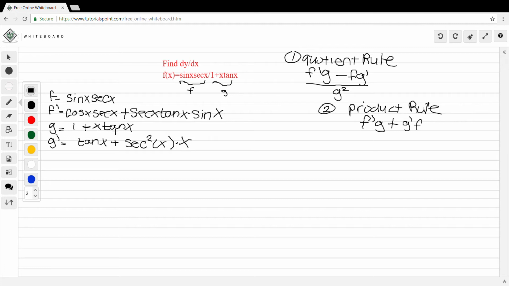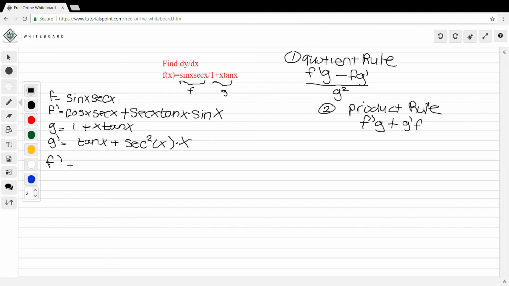So we know our f prime and we know our g prime, so we can put them into the quotient rule. I'm just going to use f prime of x, since dy/dx is the same thing and it's much easier.